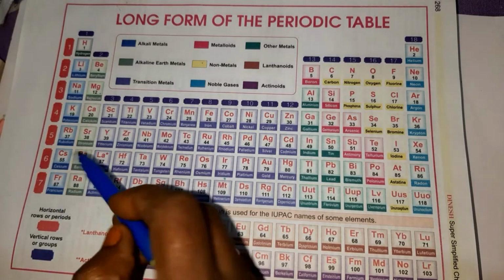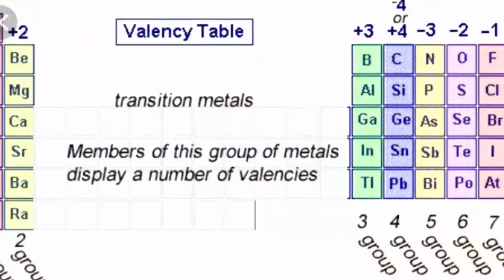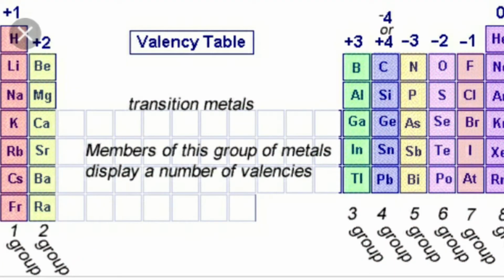Now what happens to the valency when you move from left to right in a period, children? The valency of the elements increases when you move from left to right and then decreases to 0. How?